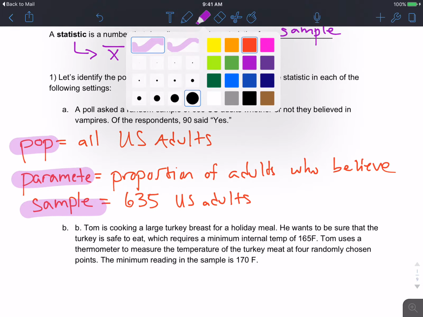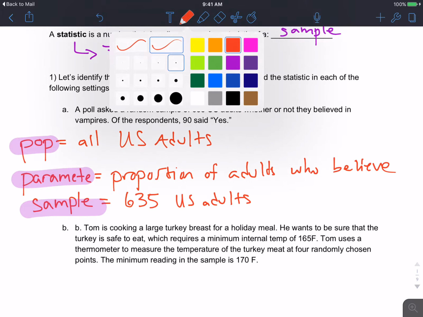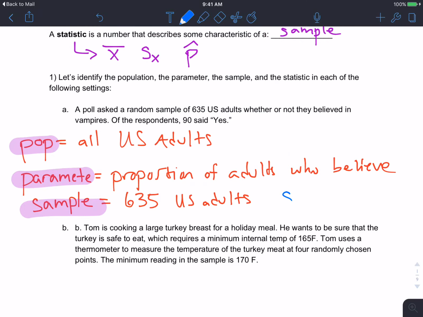And last but not least, we want to know the statistic. Well, we said 90 of them said yes out of 635. And that will be 0.14. So p hat is equal to 0.14.